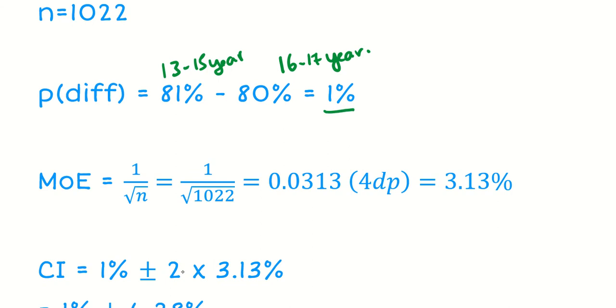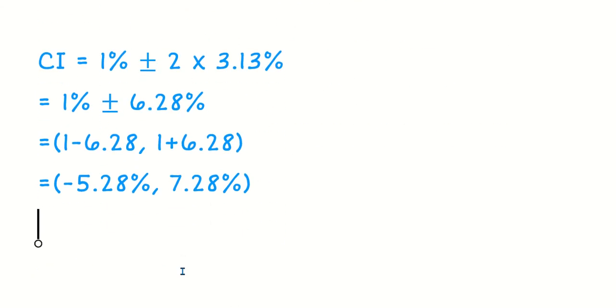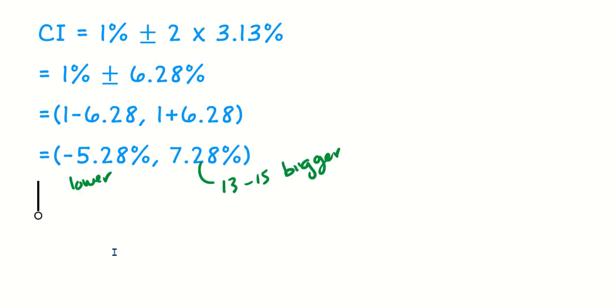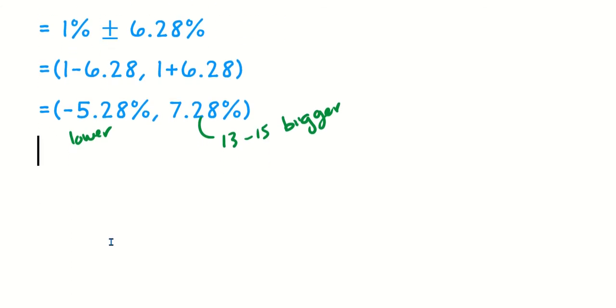Well, to get to this 1%, the 13 to 15-year-olds were larger. So that means that the 13 to 15-year-olds could be bigger, could be up to 7% more, or lower by up to 5.28% compared to the 16 to 17-year-olds. And that's what I want to say.